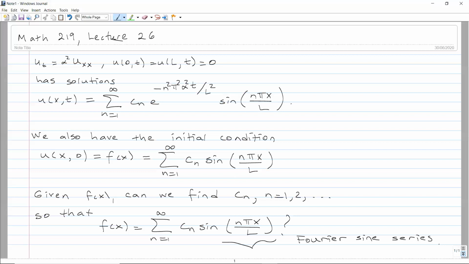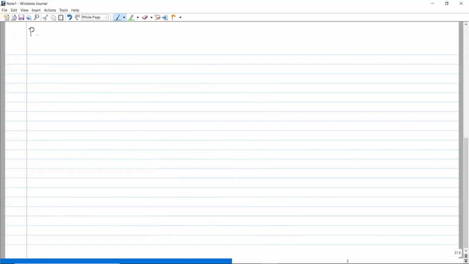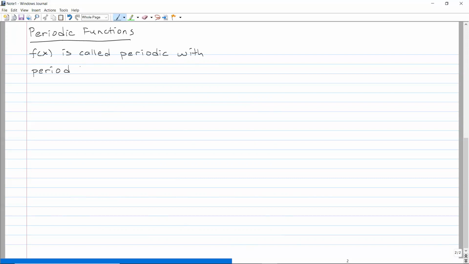To answer this question, first we consider periodic functions. A function f of x is called periodic with period T if f of x plus T is equal to f of x.